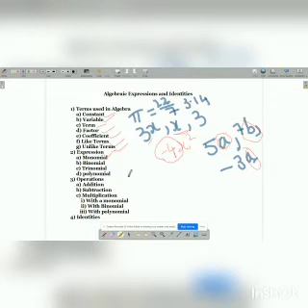See, 4a plus 5b minus c. If I write this, here 4a is a term, 5b is also one term, and c is also another term.